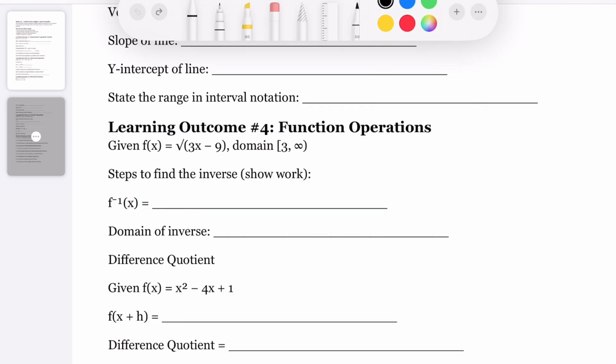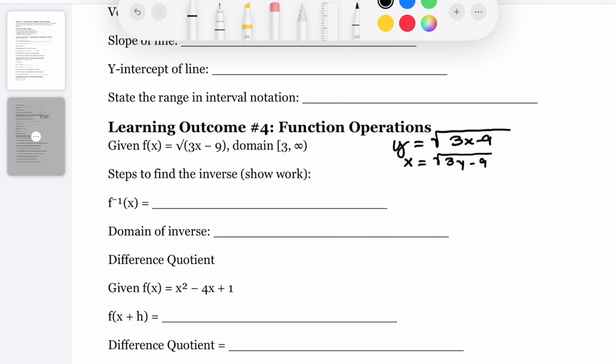So what you're going to do is write y equals the square root of 3x minus 9. Now, your problem is going to be different, okay? And then they also give you the domain here. So you're just going to swap x and y.